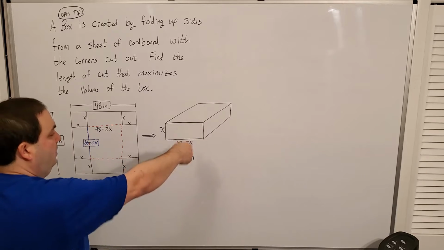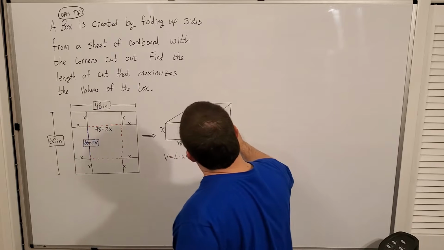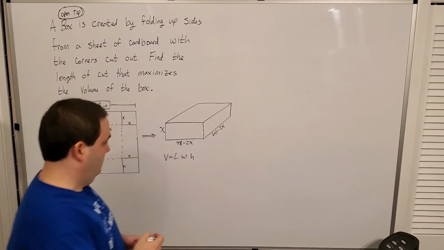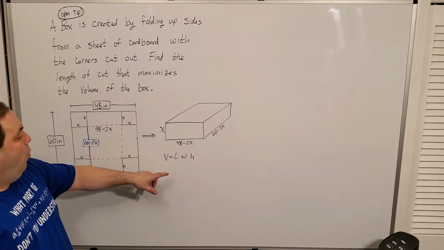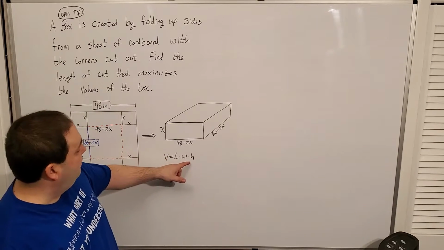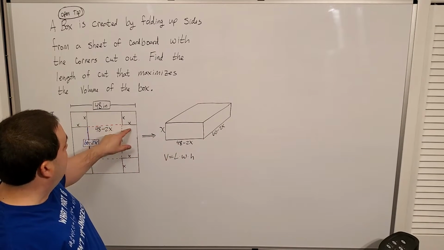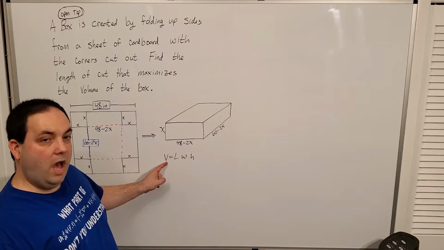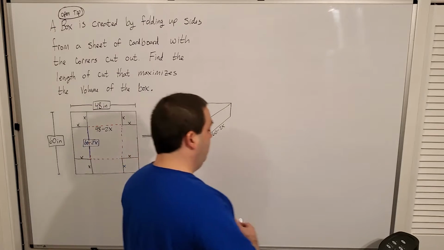So then the depth right here along the back of the box is going to be 60 minus 2x. Okay? So now the length, the width, and the height are all dependent on the size of the cut that I make, which means I can now make volume dependent on x directly. Okay, so let's do that.